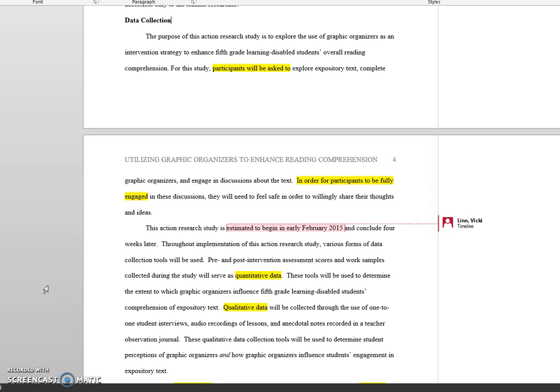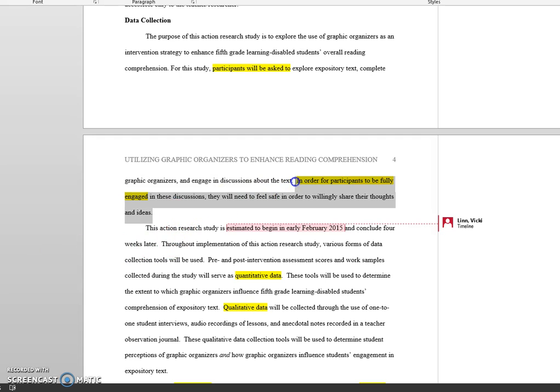The first paragraph under data collection, you really want the reader to identify who the participants are going to be and what the basic things are that I'm asking them to do as part of the study. This student clearly identifies her fifth grade learning disabled students, and then she clearly identifies that participants will be asked to, and she focuses on the intervention she's going to be implementing, using graphic organizers, and that the participants will also be engaged in discussions about text.